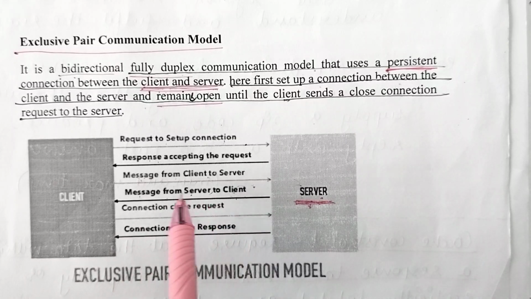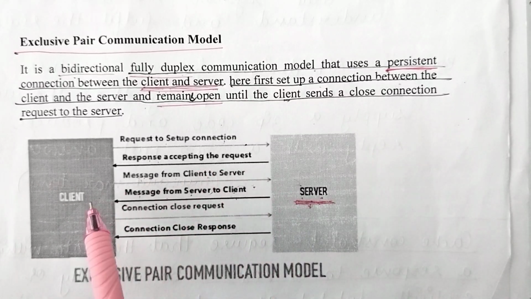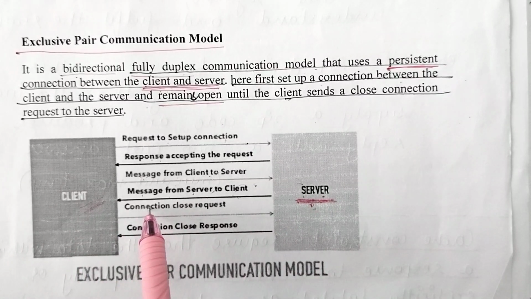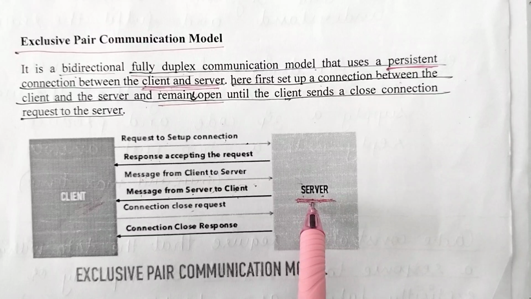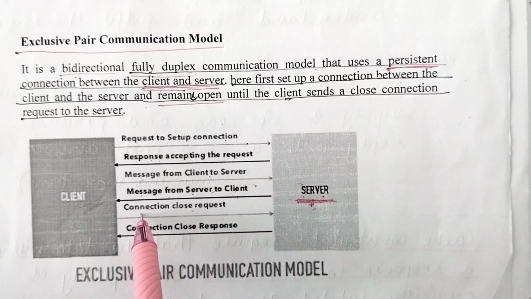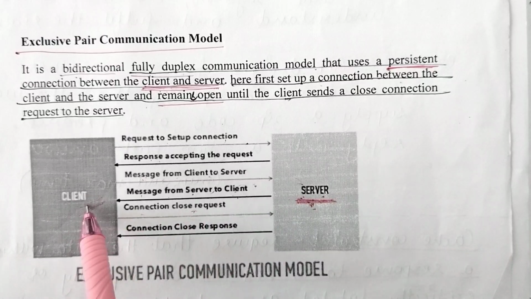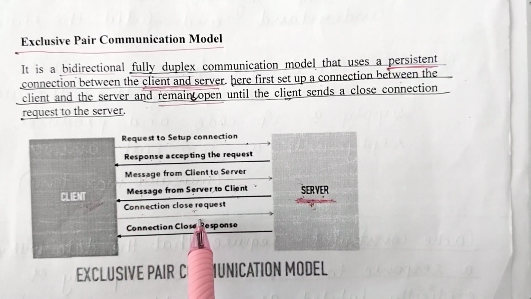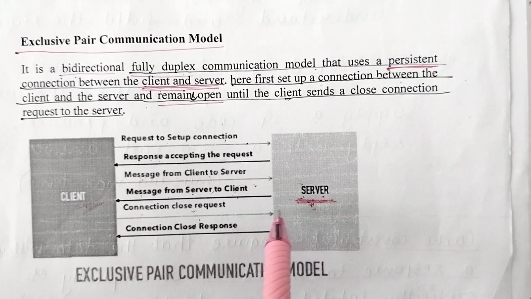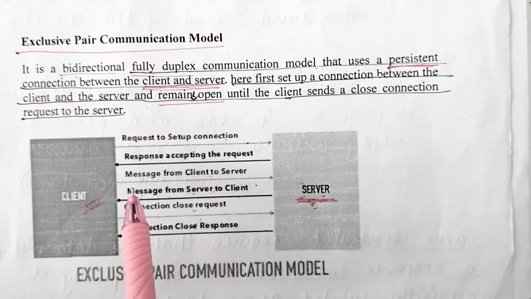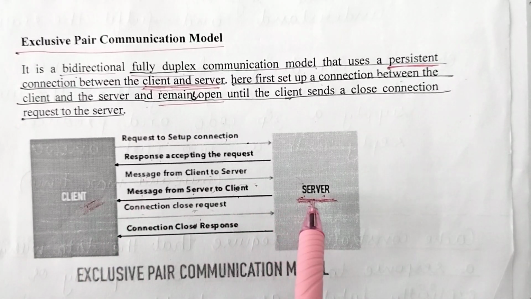Now once the client has received the response to its request, and it no longer requires any more data from the server, then the connection closed request will be sent by the client to the server. A connection closed request is sent because this is a dedicated connection. So unless this client releases this connection, the other client will not be able to use it. There is no point unnecessarily keeping the connection when the client no longer needs any data from the server.